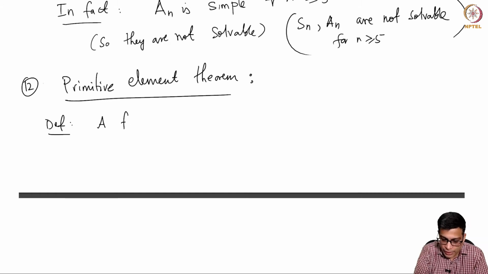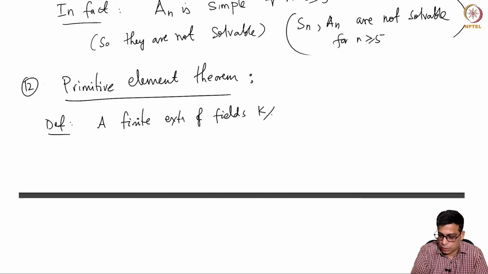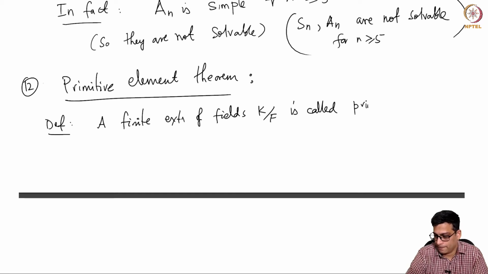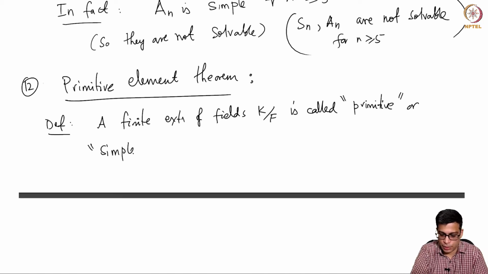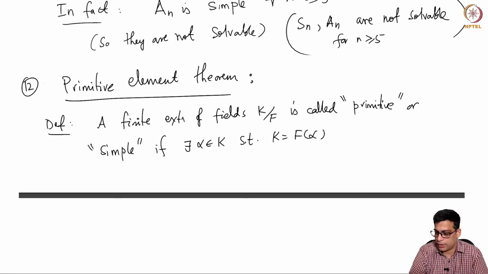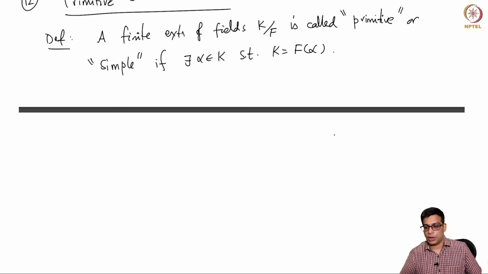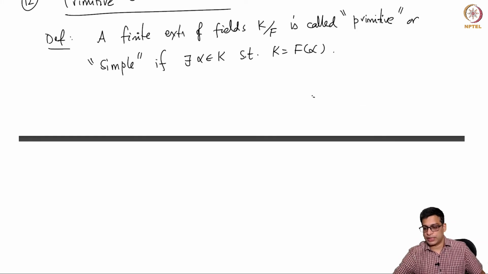A finite extension of fields K over F is called primitive, or another word for it is simple, if there exists alpha in K such that K is generated over F by a single element. Okay, so now these are very useful extensions because it is often easy to work with such things.